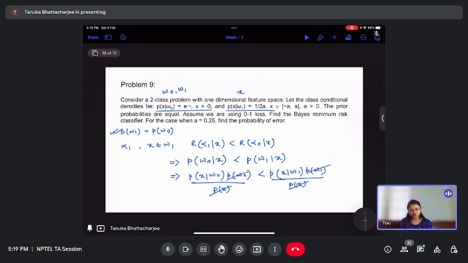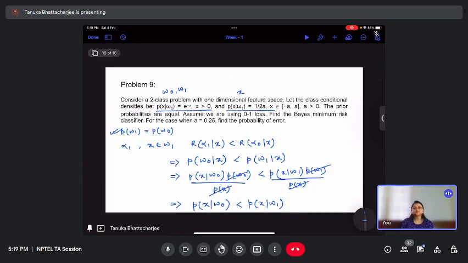So, these two also cancel out. So, the final expression you are left with is probability of x given omega 0 should be less than probability of x given omega 1 for assigning the element x to omega 1.